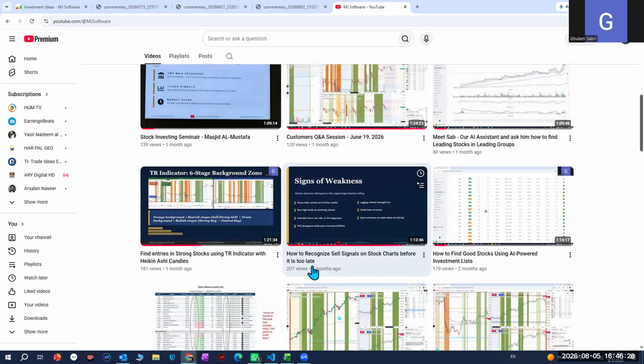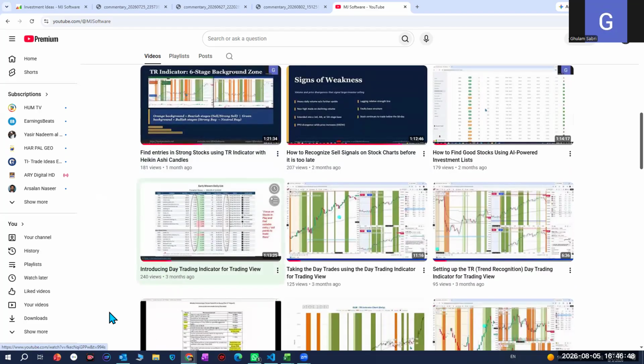It's easy to get into a stock, buy some stocks, but it's difficult to know the good selling points. This is where people struggle. Watch this video if you have time, and then find entry in strong stock using TR indicator with Heiken Ashi candle. This is another one, not very old, 1 month ago. Maybe in June, I think we did this video session.